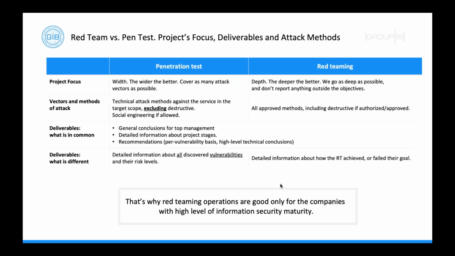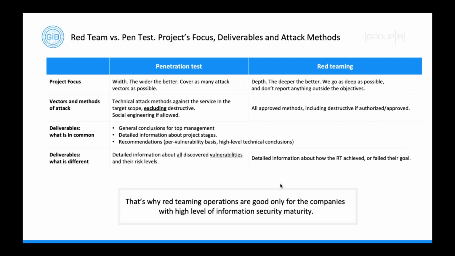In terms of deliverables, there are some commonalities between both of these services. One is the general conclusions for top management. We will include those within a penetration test, but also within red teaming operations, to provide the conclusions of both of those tests that were conducted.